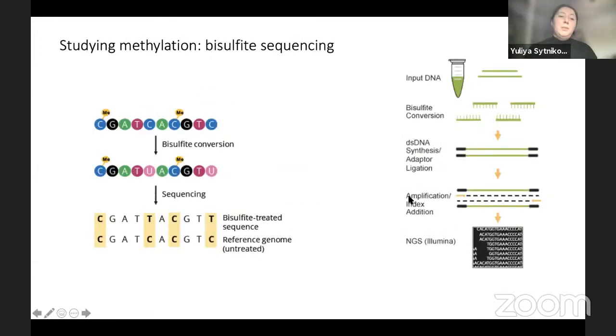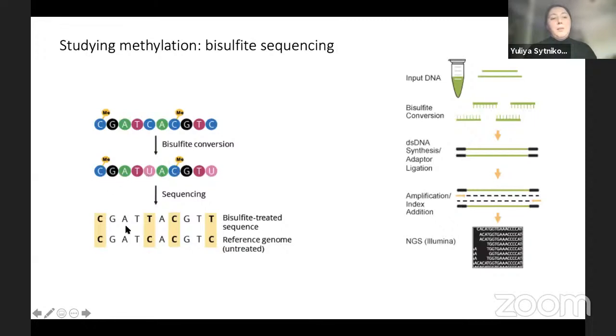A classical method for profiling DNA methylation is so-called bisulfite sequencing. With bisulfite conversion, unmethylated cytosine is converted to uracil, and methylated cytosine is protected.